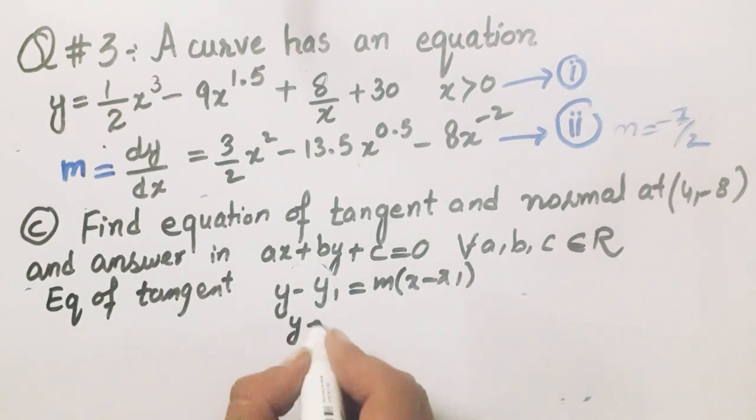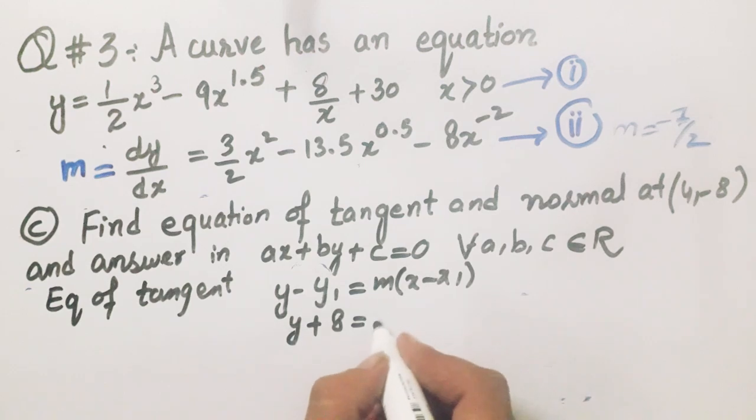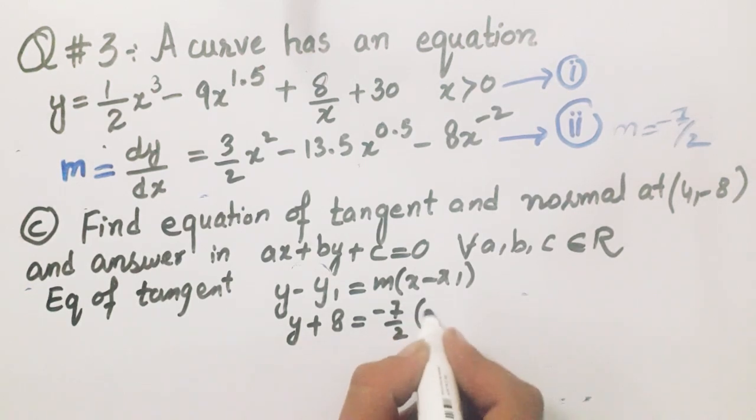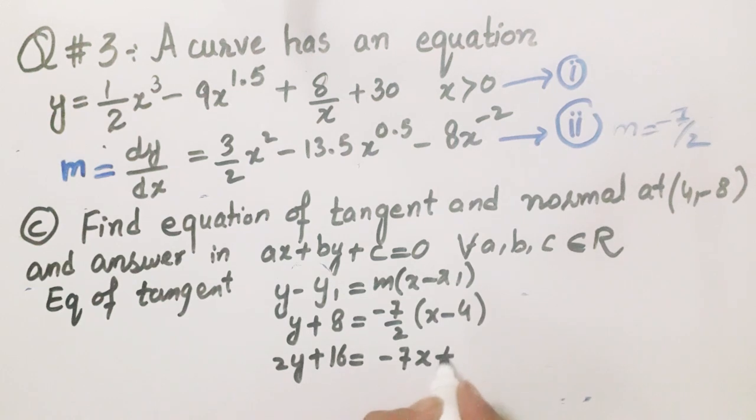So y plus 8, because y1 is minus 8, is equal to m, minus 7 by 2, into x minus 4. By taking LCM we will get 2y plus 16 is equal to minus 7x plus 28. So this is 7x plus 2y is equal to 28 minus 16, which is 12.